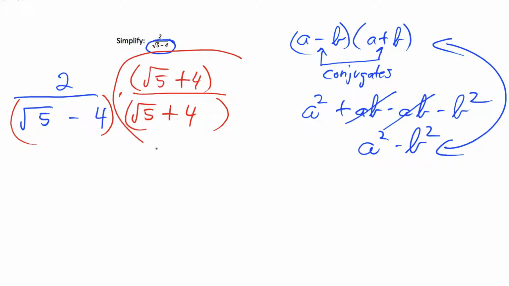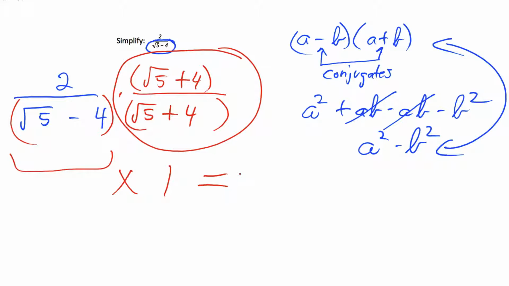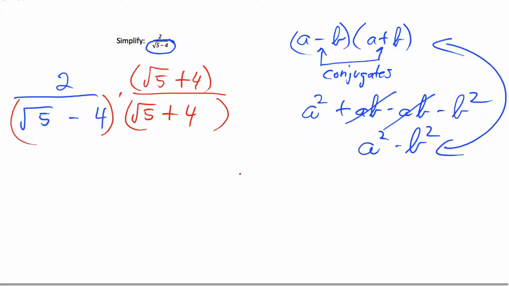Remember, we can do this because this section is just 1, and something multiplied by 1 will equal the same as the original starting value. All right, so let's perform the multiplication.